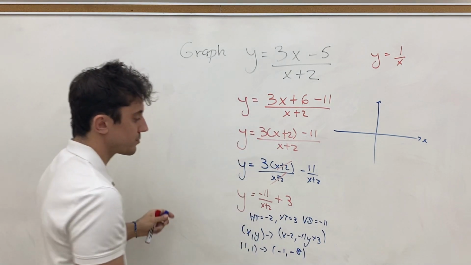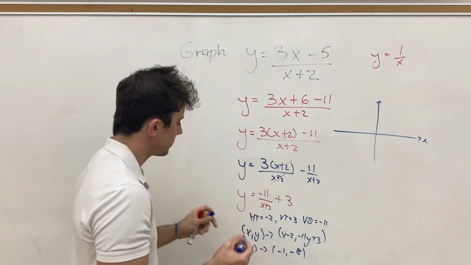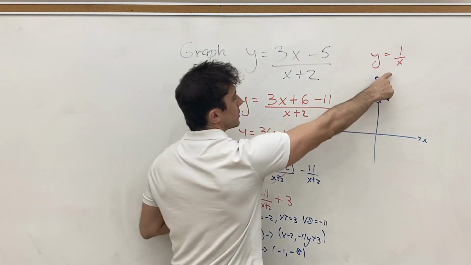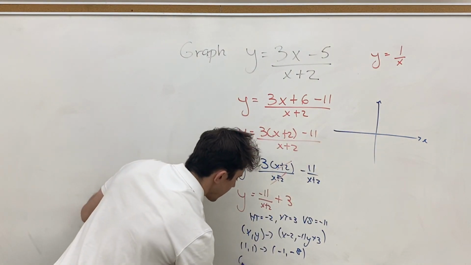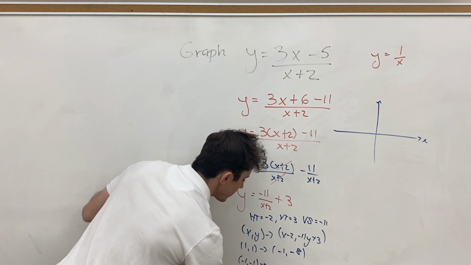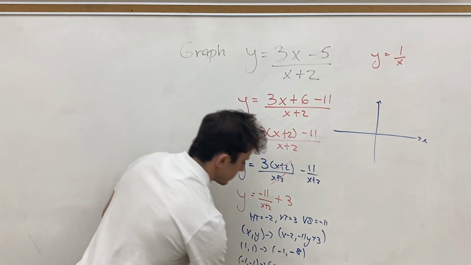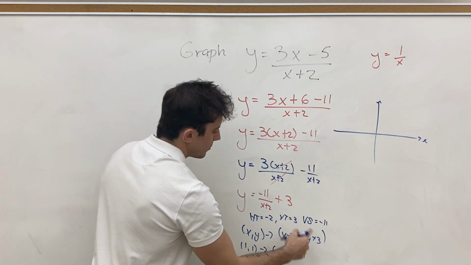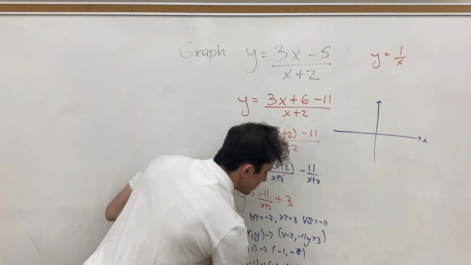So this could be the first point on our new function. And then we know we also have the point negative 1 and negative 1 on the original parent function. And so we can map that point as well. So negative 1 is going to go to negative 3, and negative 1 times negative 11 is 11, plus 3 is 14, right?